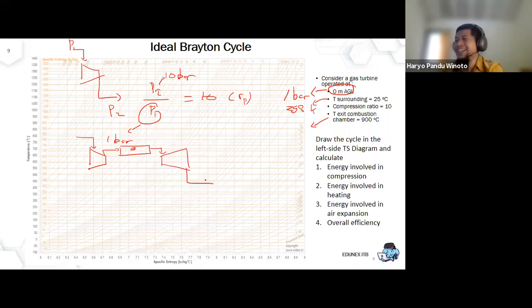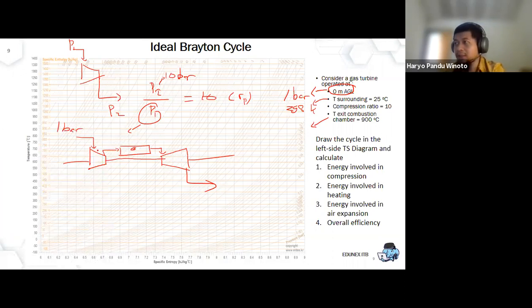Yeah, something like this, and single shaft. Actually there are several types of turbine. I'm gonna explain it to you later. We have 1 bar here, then pressurized. Sorry, I'm gonna erase this one. So here is 1 bar.